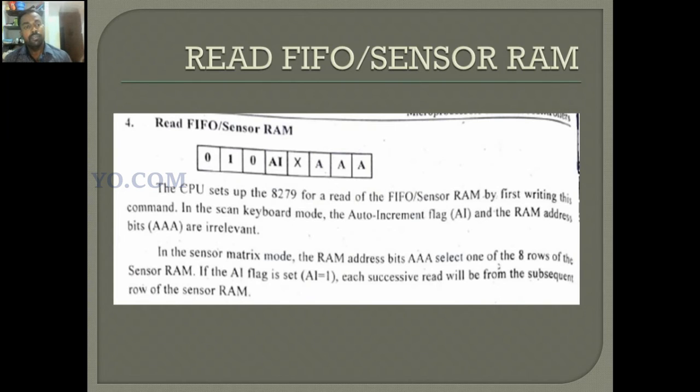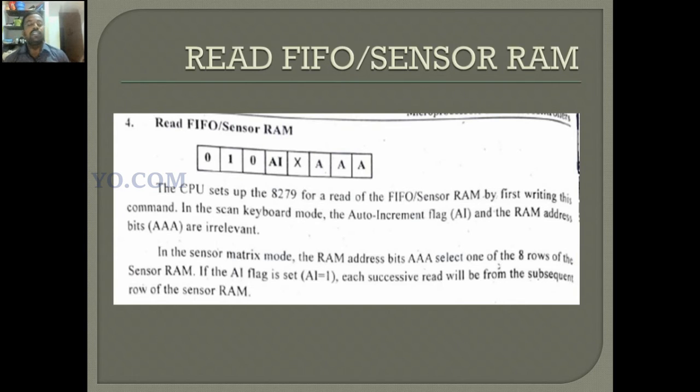Next one, read first in first out or sensor RAM. We already studied write first in first out or sensor RAM. In the same way, here is the read operation. The CPU sets up the 8279 for reading the first in first out sensor RAM by first writing this command, then it can read the data.